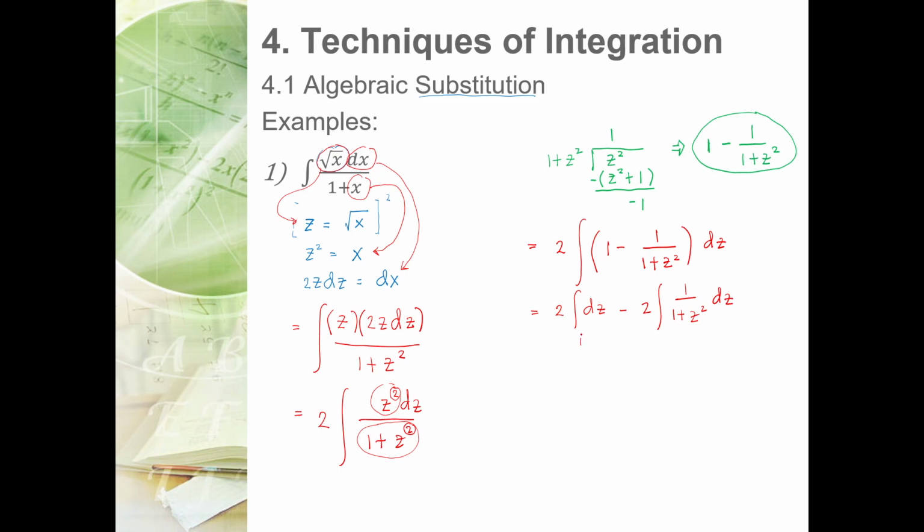In the first integral, we can say that it's easily integrated, right? Integral of dz is just z. How about the second integral? How do you integrate 1 over 1 plus z squared? Of course, this is just a simple formula again.